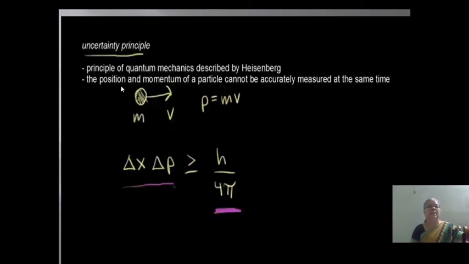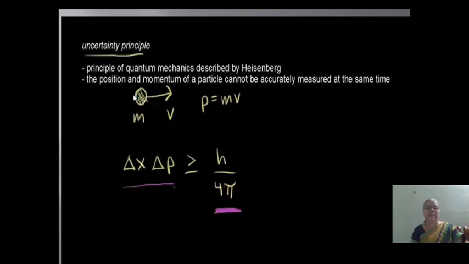Again, this uncertainty principle is a principle of quantum mechanics, and the position and momentum of a particle cannot be accurately measured at the same time. Suppose m is the mass of this particle and v is the velocity along this direction.